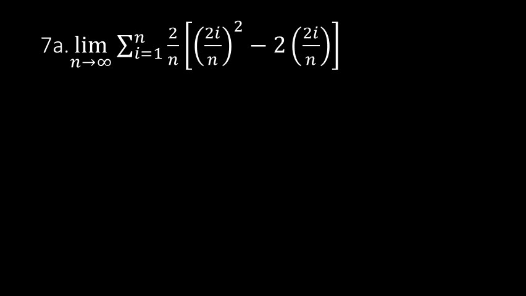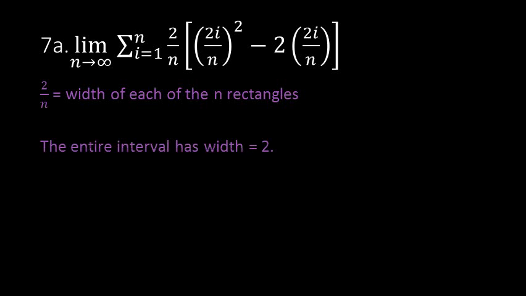Most likely, the 2 over n multiplying on the outside must represent the width of each of the n rectangles. This means the width of the entire interval must be 2 units. So we'll label the limits of integration 0 to 2 to make the interval have the given width.